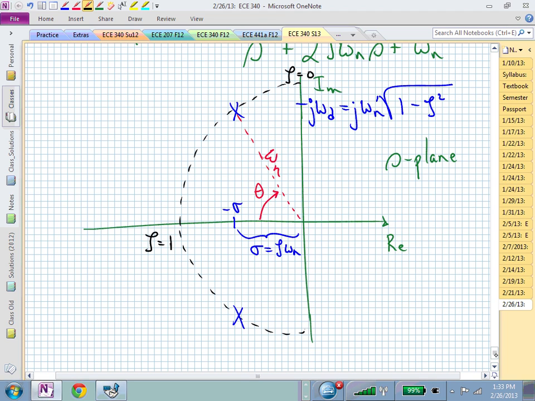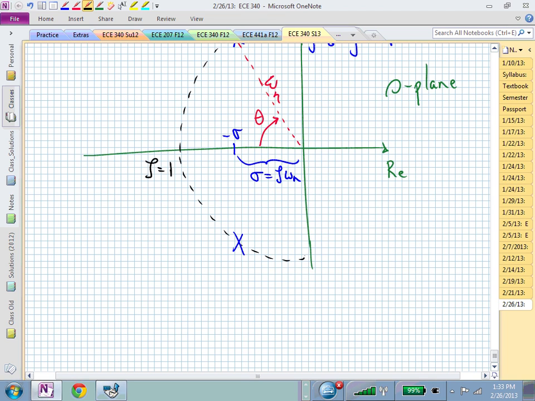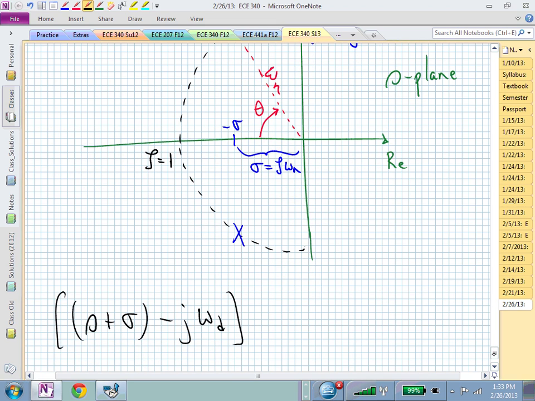And all of these are related to what we've already been talking about. We've talked about poles at s plus sigma minus j omega sub d. And where's the s that causes this factor to vanish in the complex S plane? First quadrant, second quadrant, third quadrant, or fourth quadrant? Where is this one?